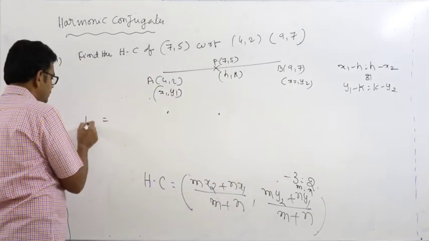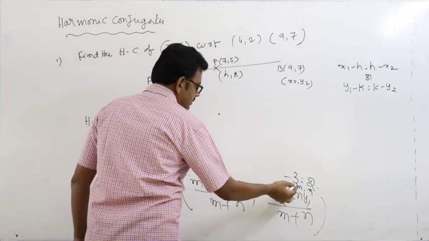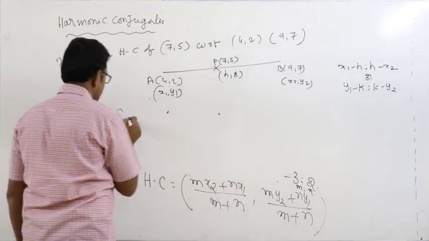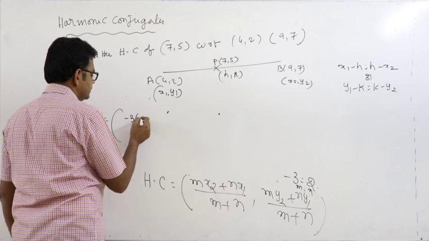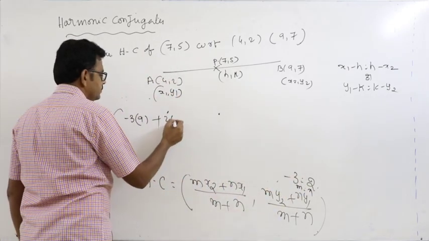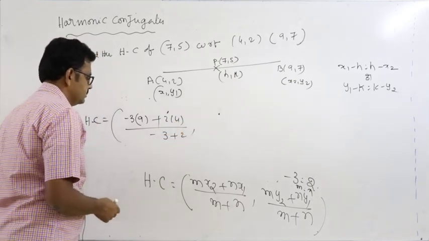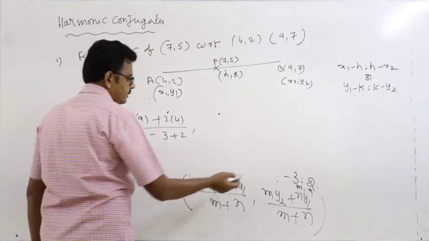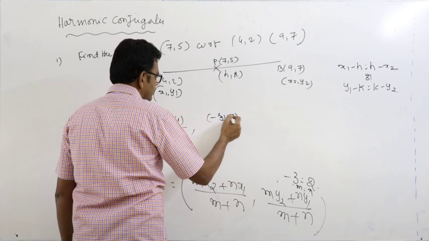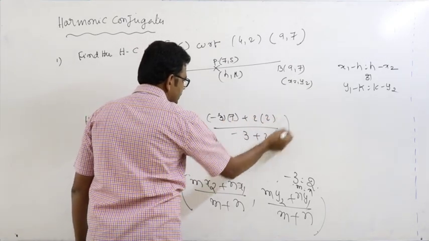Therefore the harmonic conjugate is: m is minus 3, so minus 3 into 9 plus n x1, 2 into 4, by m plus n, minus 3 plus 2, comma minus 3 into 7 plus 2 into 2 by minus 3 plus 2.